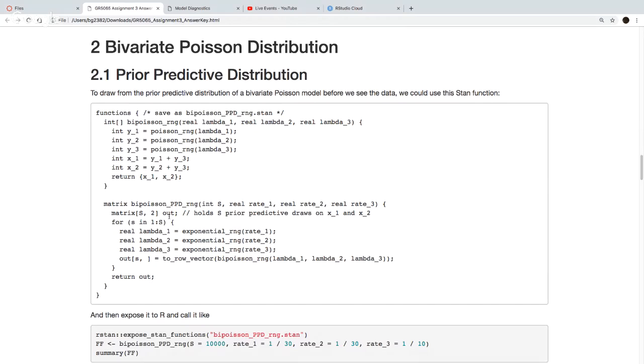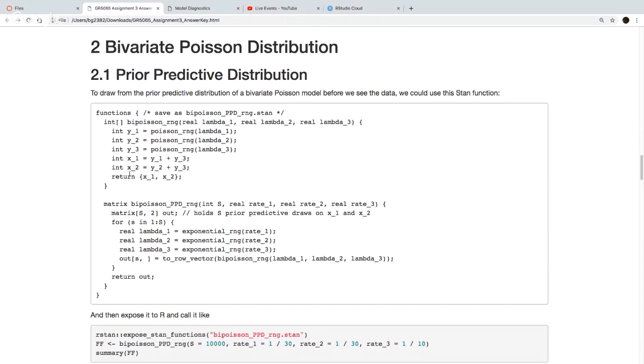At that point, you'd be in a position to model some bivariate count outcomes, such as the number of Twitter followers and the number of accounts that a Twitter account is following, which we would expect to be positively correlated. So in terms of drawing from the prior predictive distribution, first you're going to need a function to draw two counts that are positively correlated.